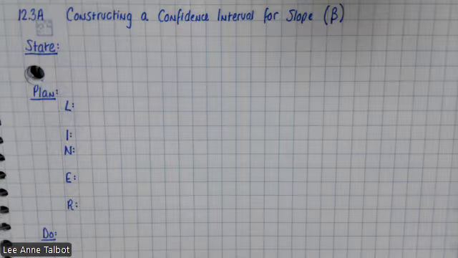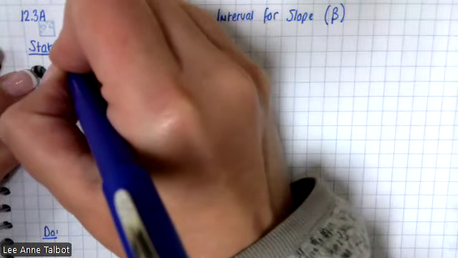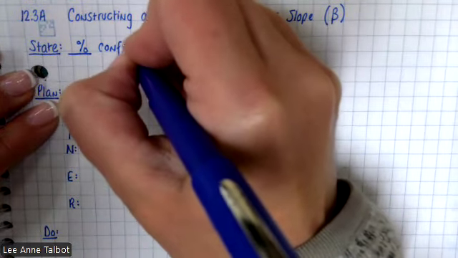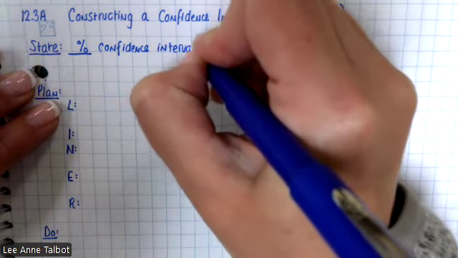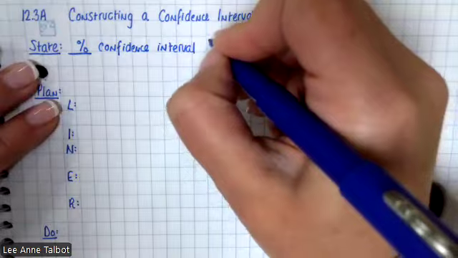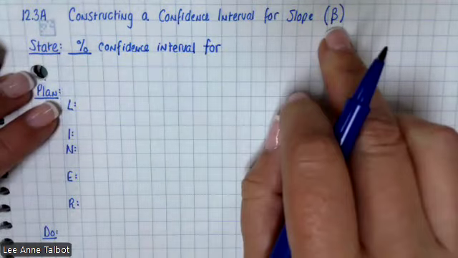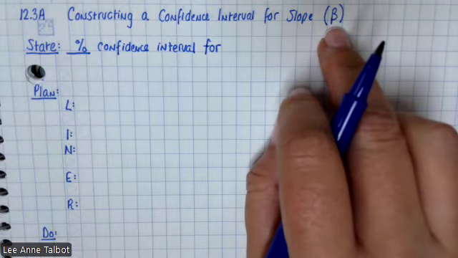Confidence interval for slope. How do we start a confidence interval? Beautiful. Blank percent confidence interval for. Okay, now this is interesting. So slope has two symbols.